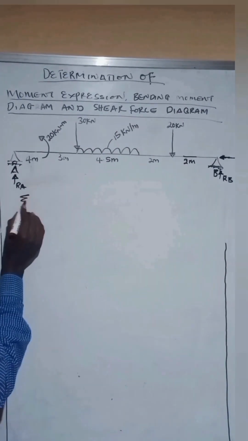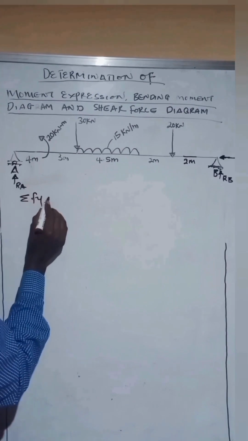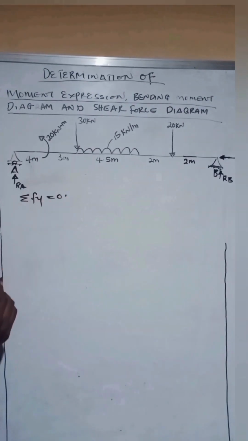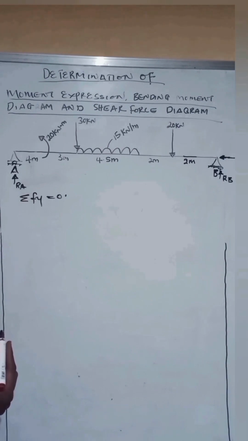Now that sigma Fy is 0, we have all the vertical forces equal to 0. So when we take the algebraic sum, we assume that all the forces acting downwards are negative forces, while the forces acting upwards are positive forces.